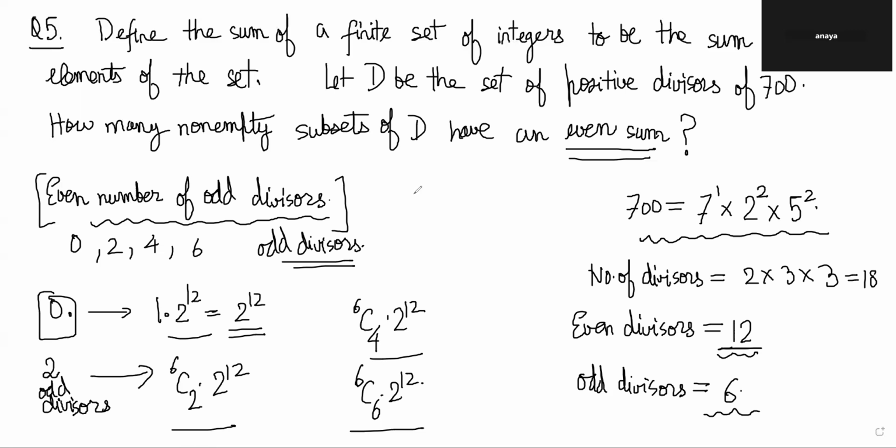If you add all of this, what is coming? You can take 2 to the 12 common, and then add all of them. What is the sum of this?